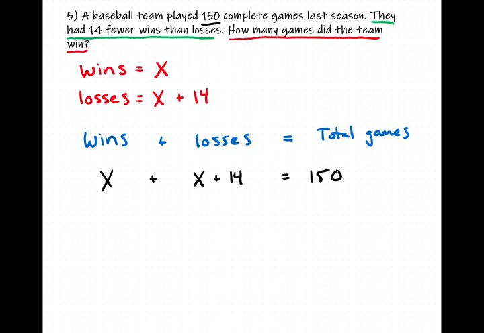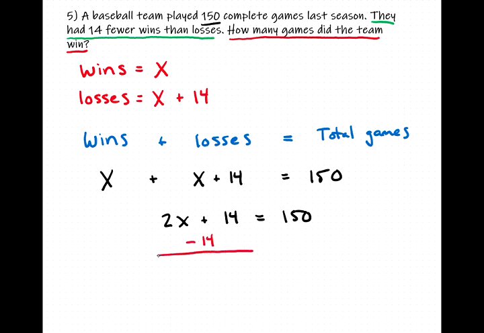All right, so let's simplify. We have two X's on the left-hand side, so let's call that 2X plus 14 equals 150. And now our goal is to solve for X. So we want to eliminate the 2 and the 14 from the left-hand side. The opposite of the plus 14 is the minus 14.